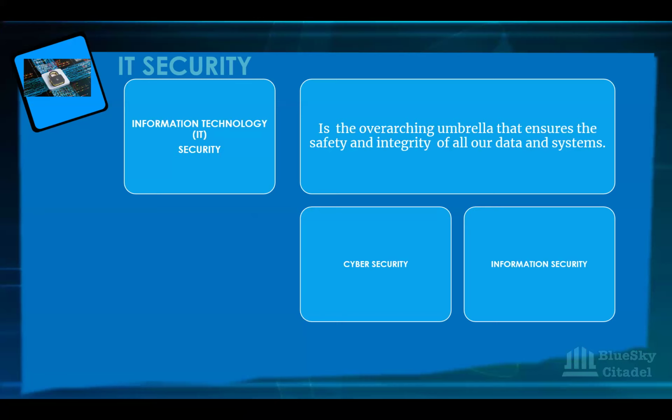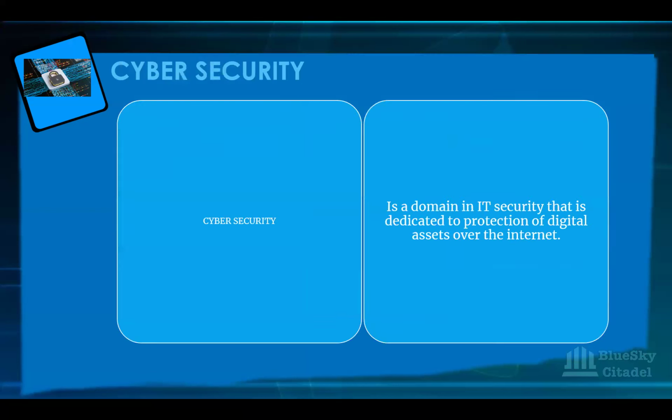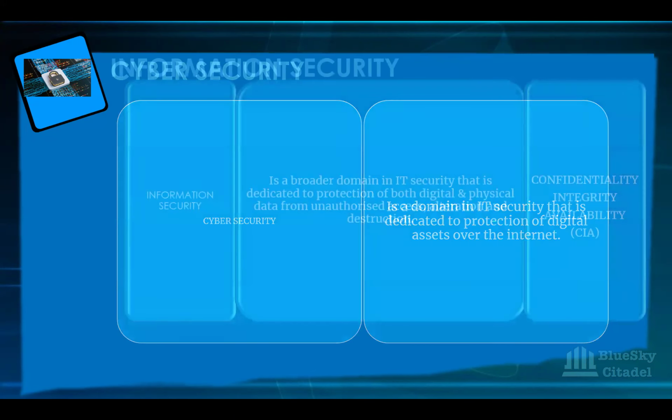So that is IT security. It's the overarching umbrella that ensures the safety and integrity of all our data and systems. And you can see we have cybersecurity and information security right there. So cybersecurity fully protects our digital assets over the net, over the internet.